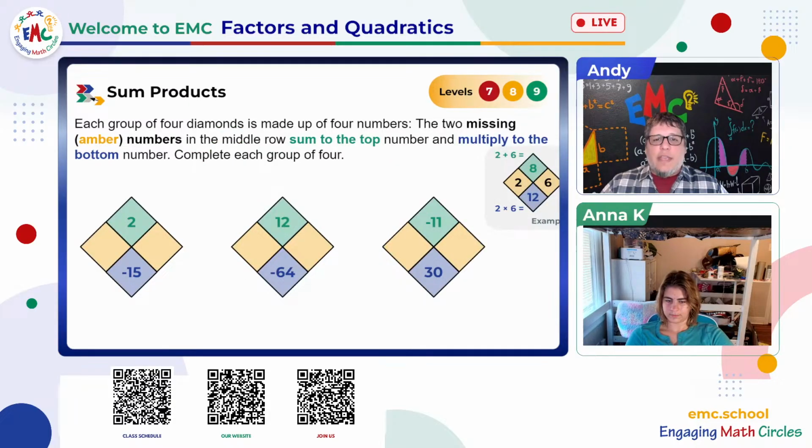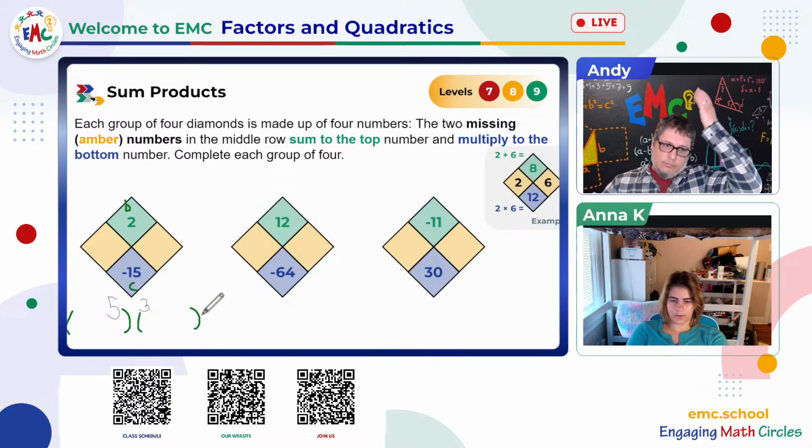So we can play this game again to factor. This is our b, and this is our c. So what would the brackets be for this one? So 5 and 3 to make positive 2, make the 3 negative.